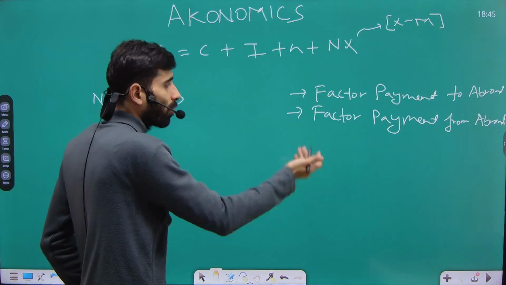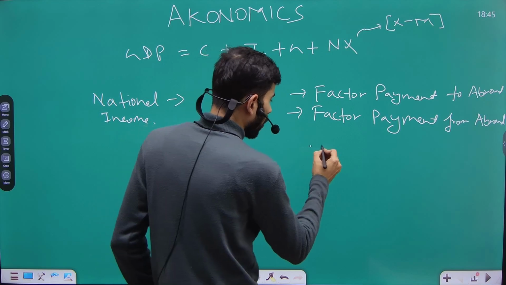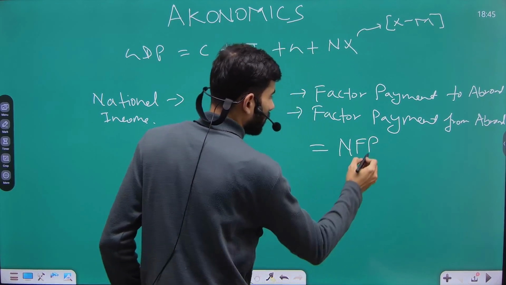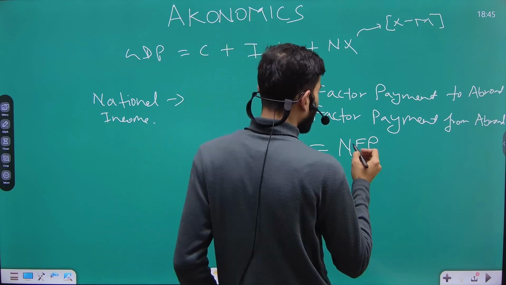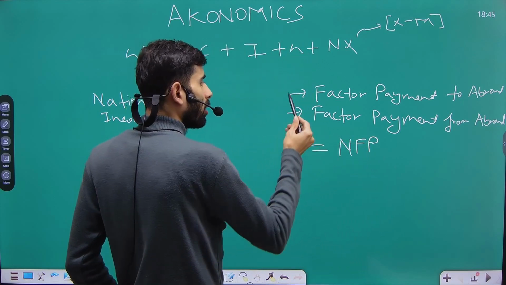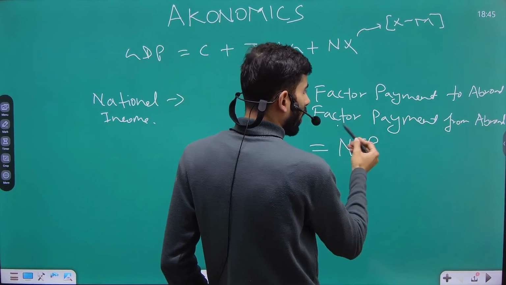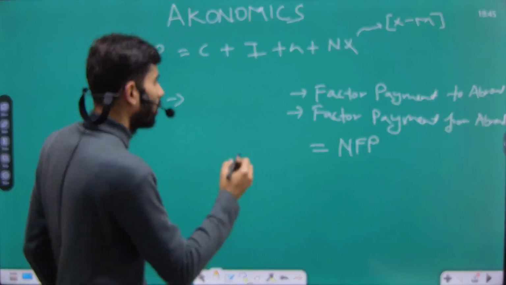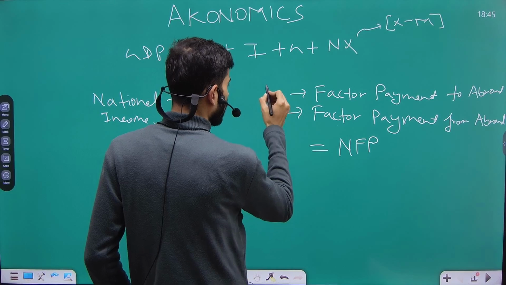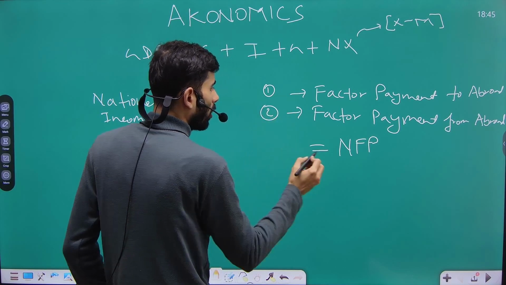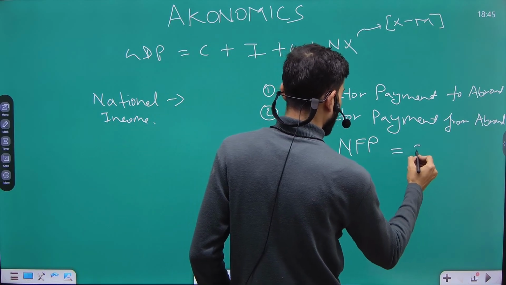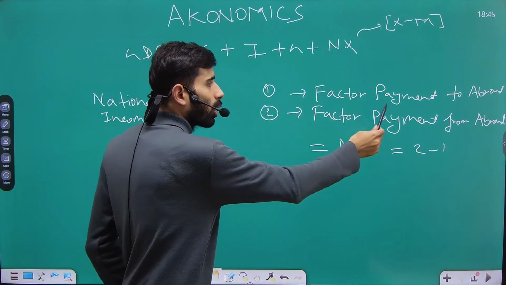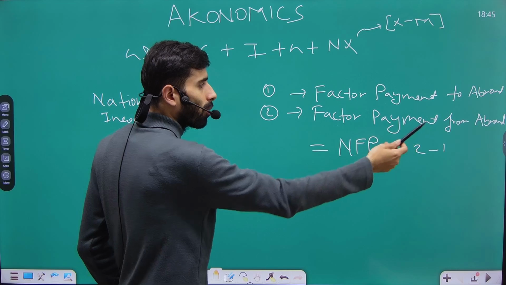The net summation of these two terms is known as NFP, net factor payment. If we subtract factor payment to abroad from factor payment from abroad, we get net factor payment. Basically, this is 1, this is 2, and NFP is 2 minus 1.